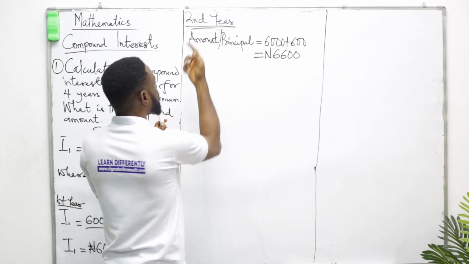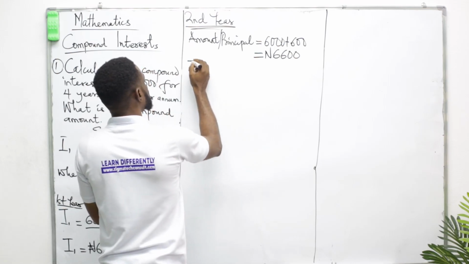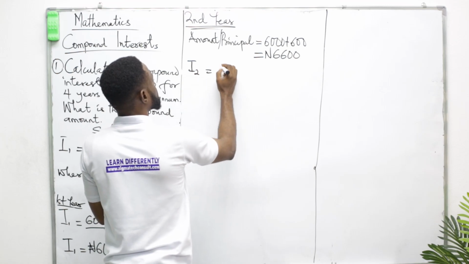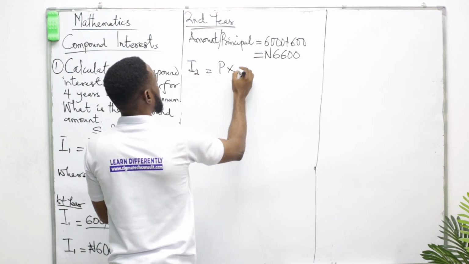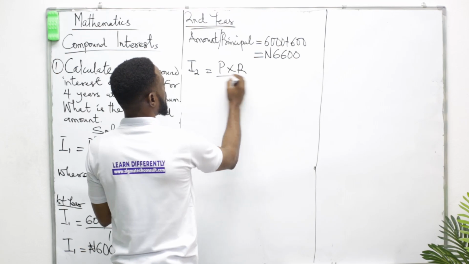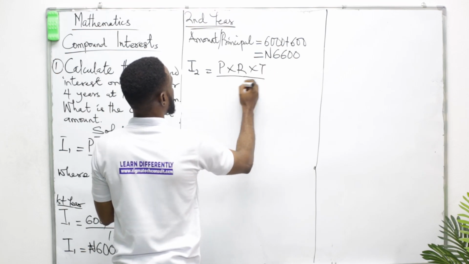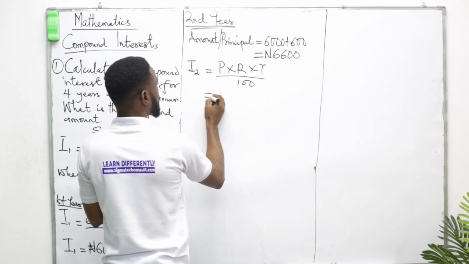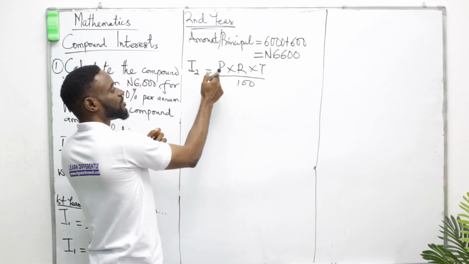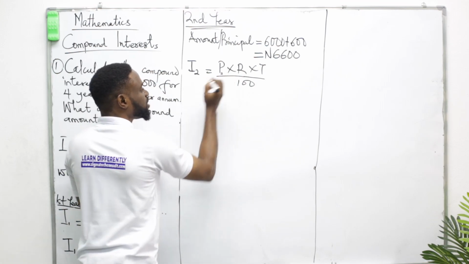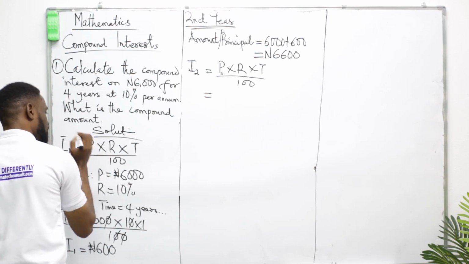So for the second year, we'll calculate the interest for year 2 to be P times R times T all over 100. Is that okay? So our P for year 2, let me put it P2. This place is P1.